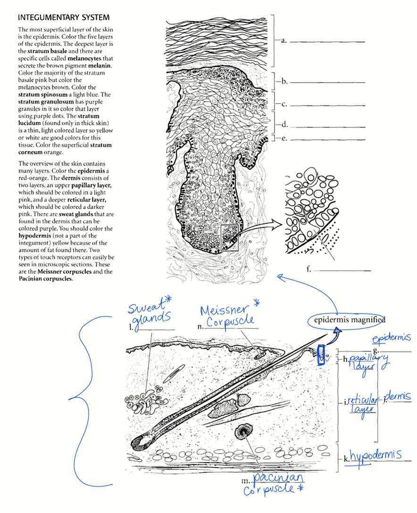Okay, so since we've gone over that the dermis is made of the papillary and reticular layers, let's talk about the layers that make up the epidermis. And so the first, or the more superior superficial layer, superficial meaning towards the top, is the stratum corneum.